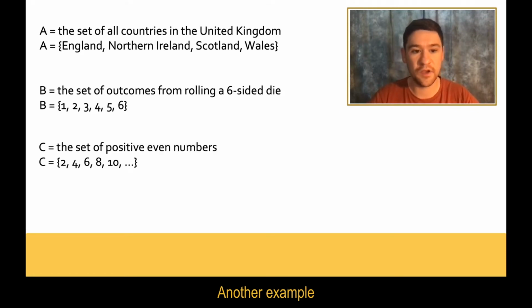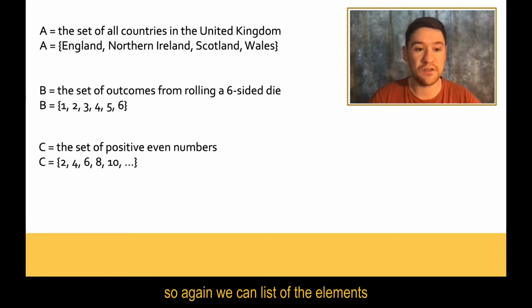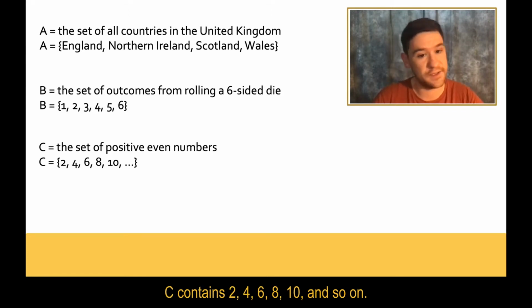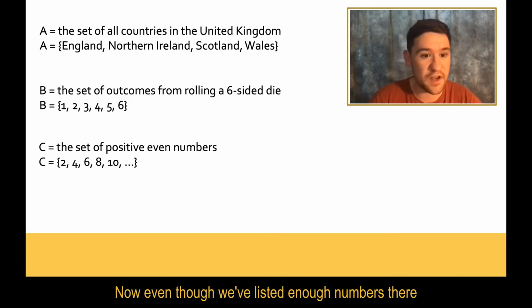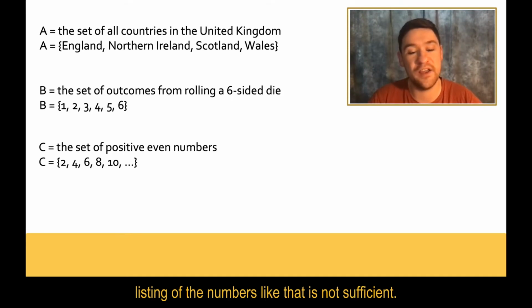Another example. Let C be the set of positive even numbers. Again, we can list out the elements. C contains 2, 4, 6, 8, 10, and so on. Even though we've listed enough numbers that we can guess what comes next, listing out the numbers like that is not sufficient.